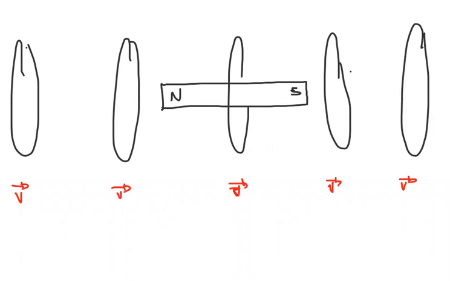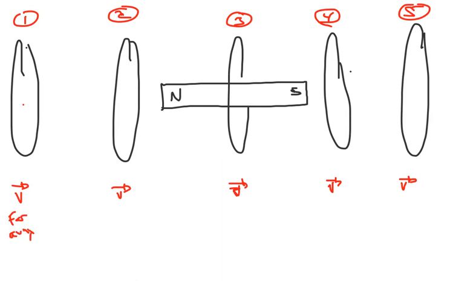And this is very far. So these right here, position 1 and 5, think of them at infinity. They're very far away. Where position 2 and 4 are right there.